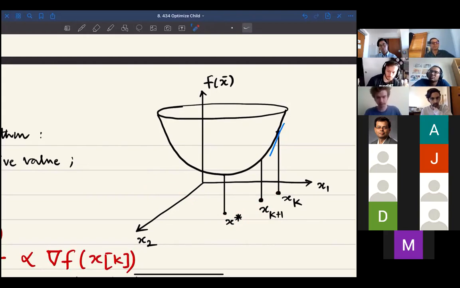Intuitively, that doesn't really make sense to me unless f of x wasn't convex. That would be the only way. Not convex? No, even in convex. Maybe in a scenario where alpha is just the right value, such that f of x_k equals f of x_{k+1}, but you just overshot and went to the other side completely.